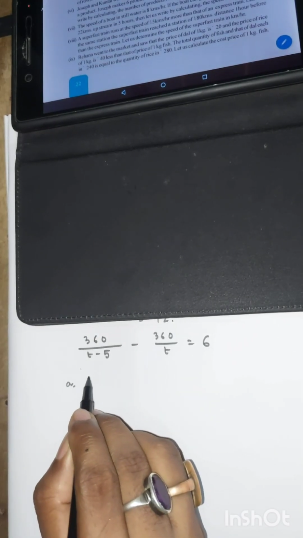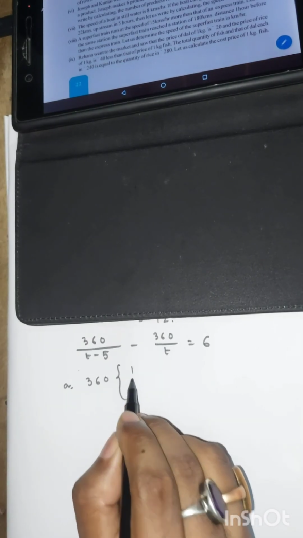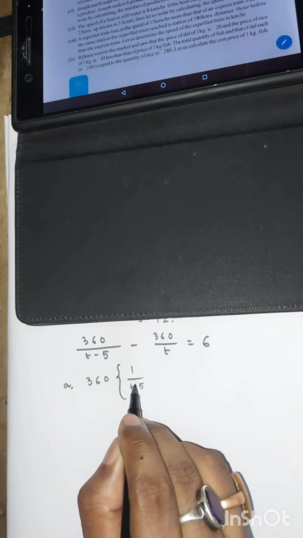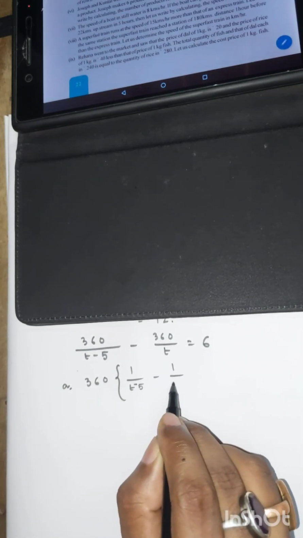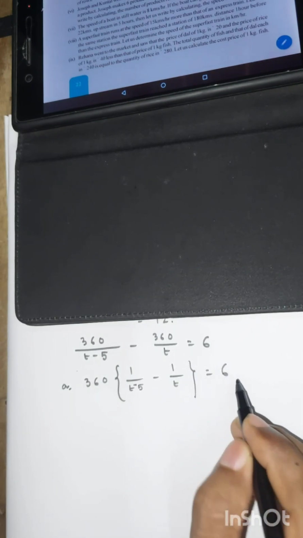If we take 360 common, it becomes 1 by t minus 5 minus 1 by t equal to 6.